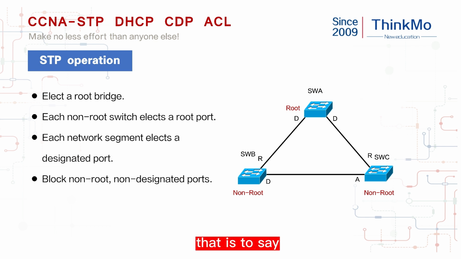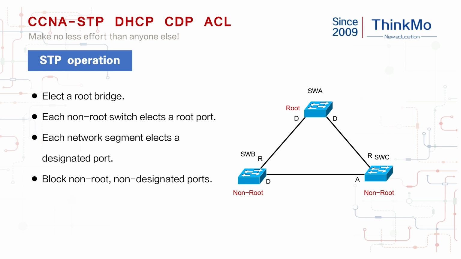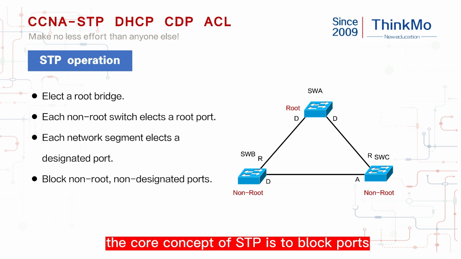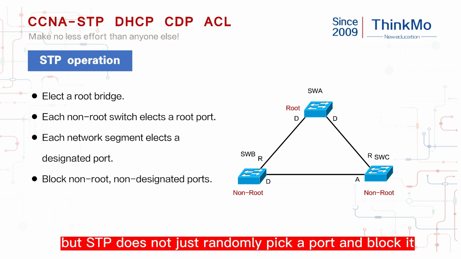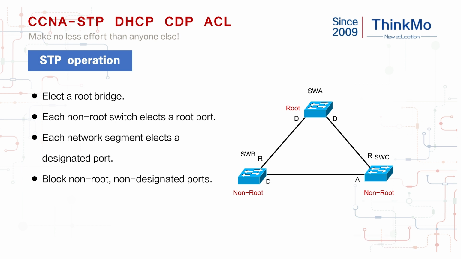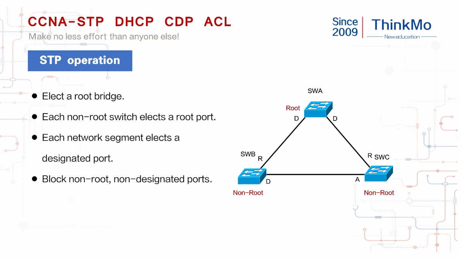That is to say, I will not allow this interface to forward business traffic. Actually, the core concept of STP is to block ports. But STP does not just randomly pick a port and block it. It has to calculate first. After the calculation, the role is determined. The last remaining ports are blocked. So this is a core idea of STP.